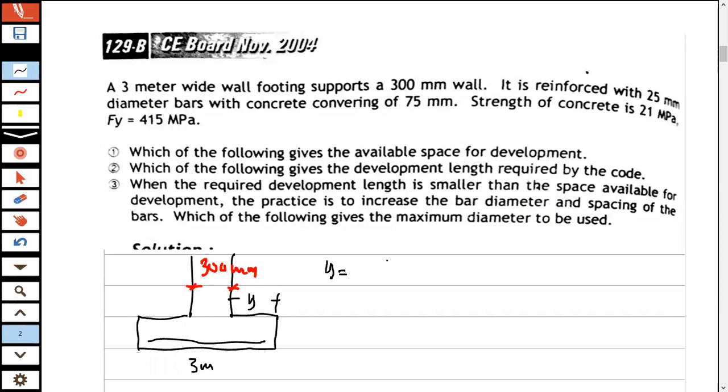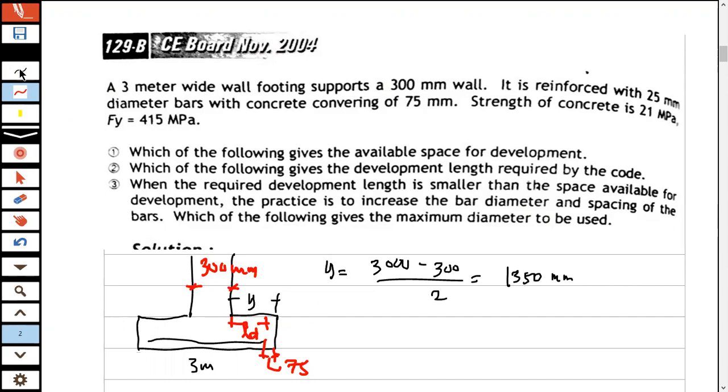Y is just equal to 3,000 minus 300 divided by 2, so that becomes 1,350. Now, if you're going to deduct this concrete cover, which is equal to 75, what would be this distance? This distance should be the Ld, which is available.